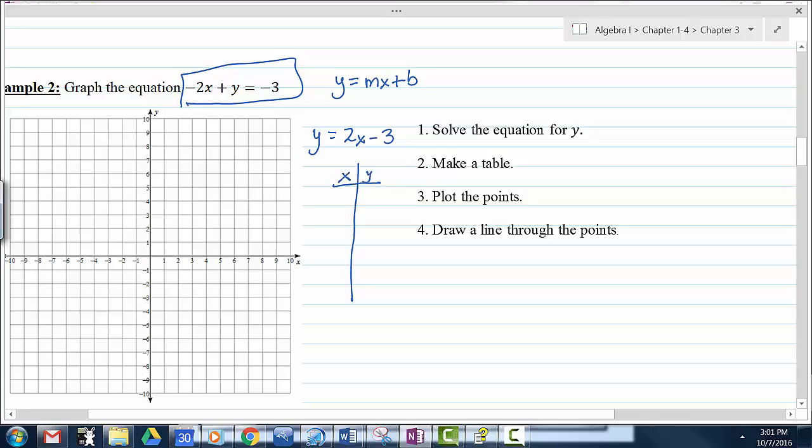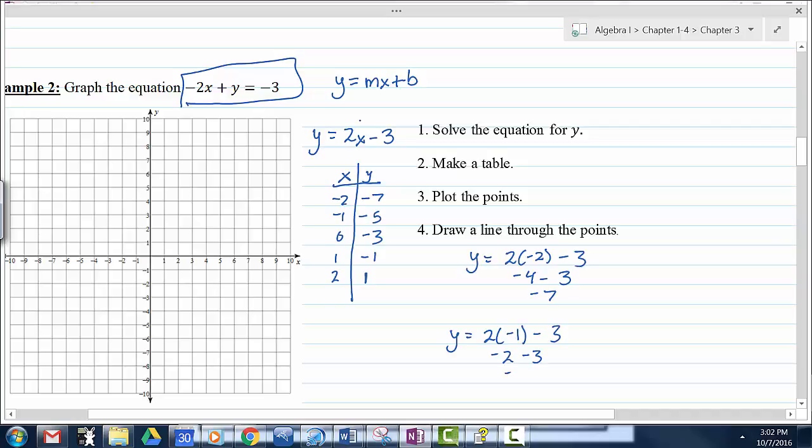If you made a table to plot the points, let's see what happens. I like to do -2, -1, 0, 1, 2, and find the values for those. Each one of those, if I plug it back in, I want to see what I'll end up with. When I plugged -2 into our equation, I got -4 minus 3, which gave me -7.